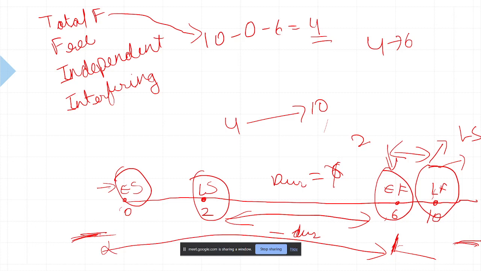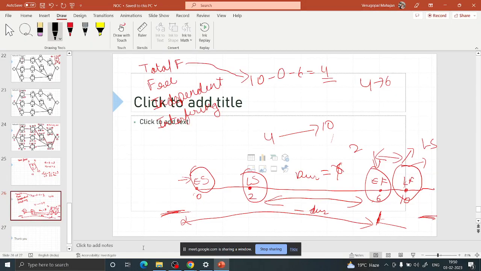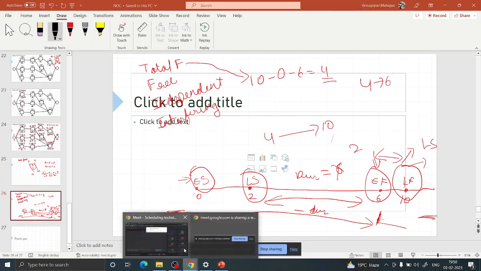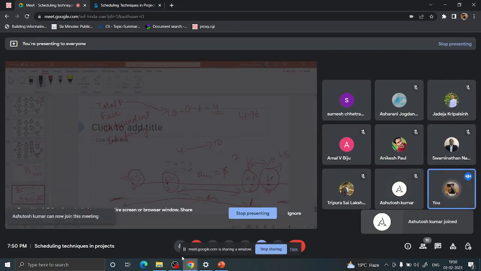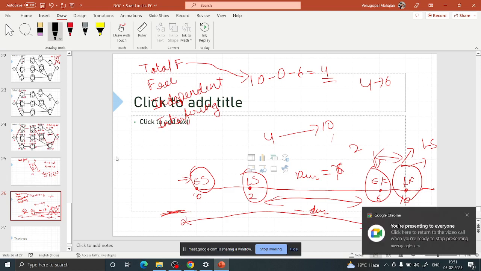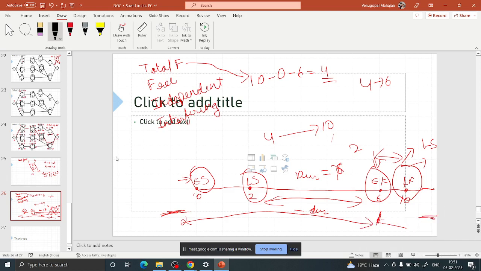In late finish, you came backwards. In late finish, you picked the point where the project has to end. That was the only compulsion you had, right?